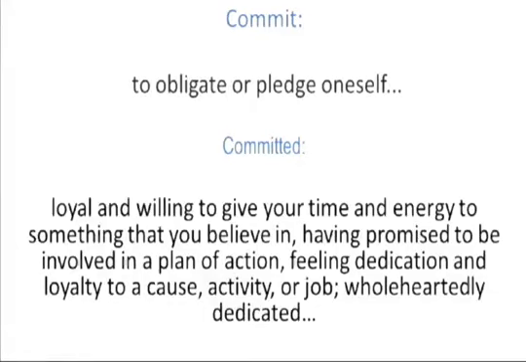Now, look underneath there, the word committed. It means loyal and willing to give your time and energy to something that you believe in. That's one of the definitions. Having promised to be involved in a plan of action. Feeling dedication and loyalty to a cause. I'm committed to saving the whales.